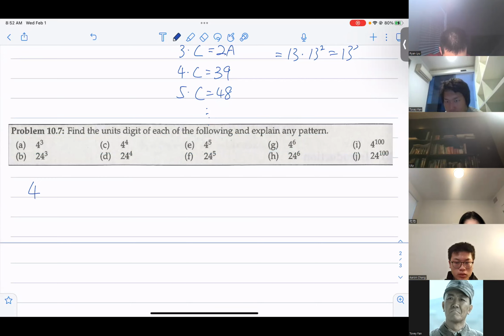Nothing? Okay. Turn it to base 2, to a base of 2 to the power of something. But these are base 10, and we need to find the unit digit of them in base 10. Okay. So no, I meant the base as an exponent base to 2, because 4 is a multiple of 2.